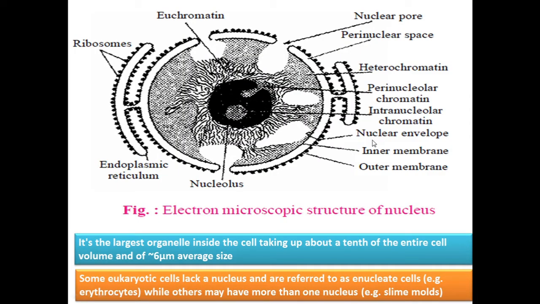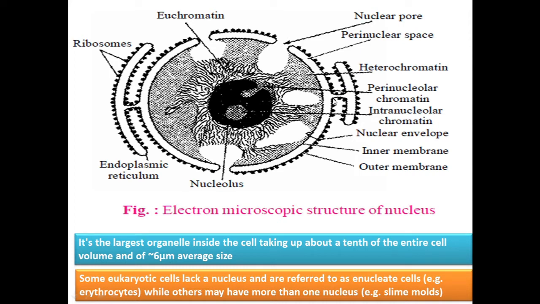So this is the electron microscopic structure of the nucleus, in which you can see very clearly the outer membrane and the inner membrane. The space between the two membranes is the perinuclear space, and the outer membrane is continuous with the rough endoplasmic reticulum.